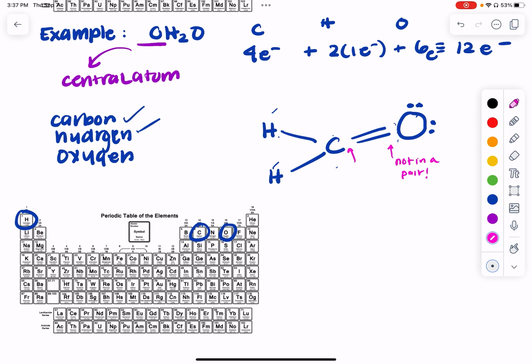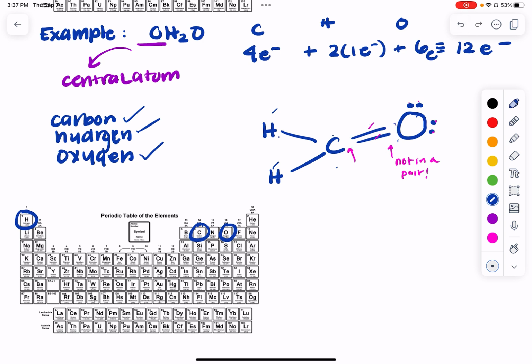And the oxygen has 2, 4, 5, 6, 7, 8 electrons, so we are good. Remember that these bonds, although they're coming from each of the atoms, they're being shared. So both the carbon and the oxygen own all the electrons in these bonds.